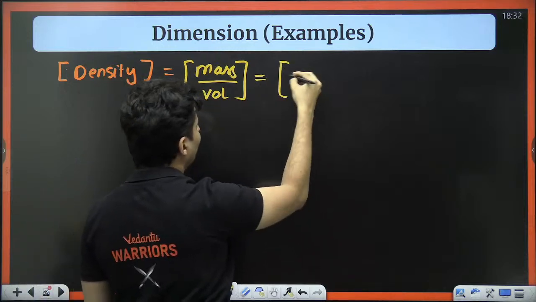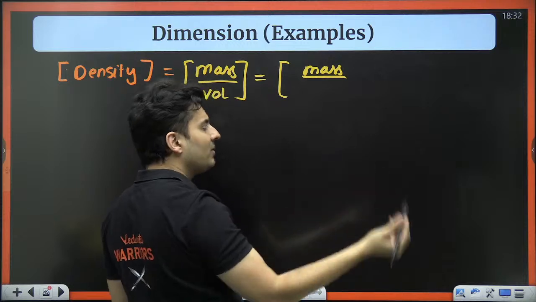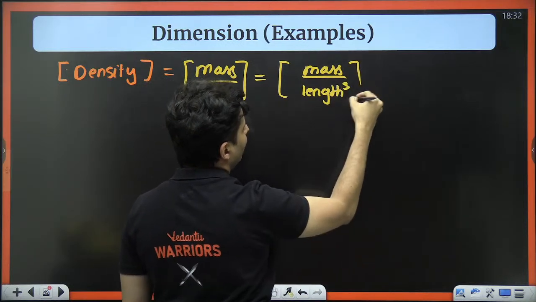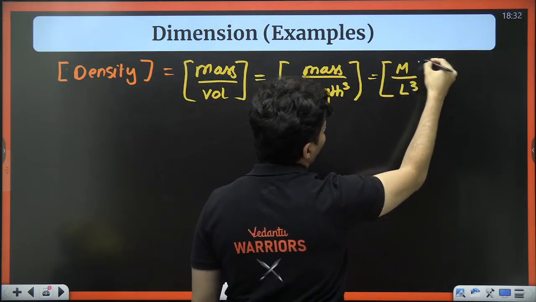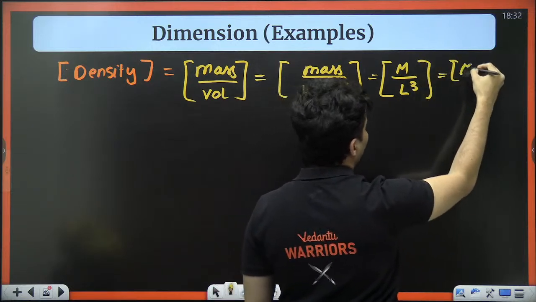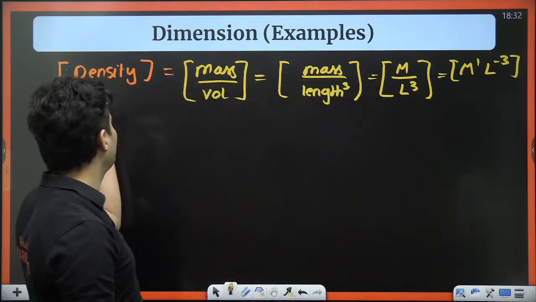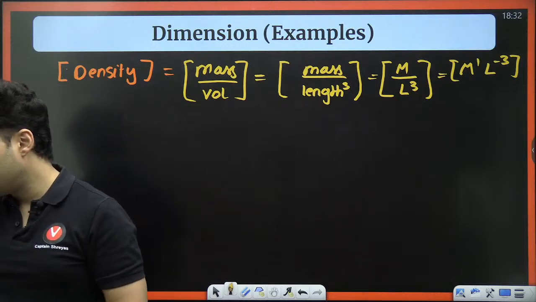Volume is side into side into side, so it is basically the cube of the length. Symbolically, it is M by L cube. But always bring the powers on the top, and even if the power is 1, write it. M raised to 1, L raised to minus 3. So that is the dimension of density.